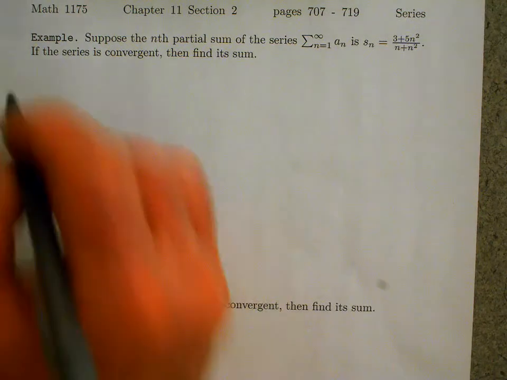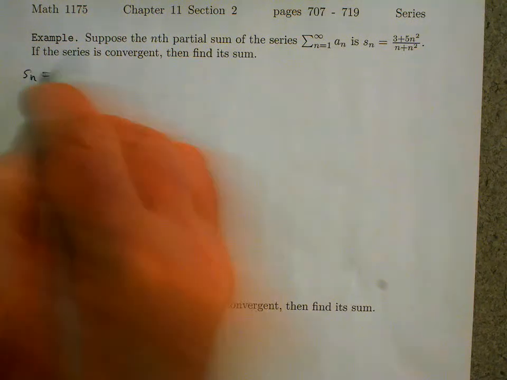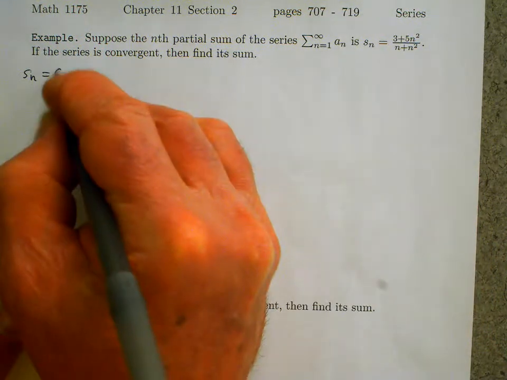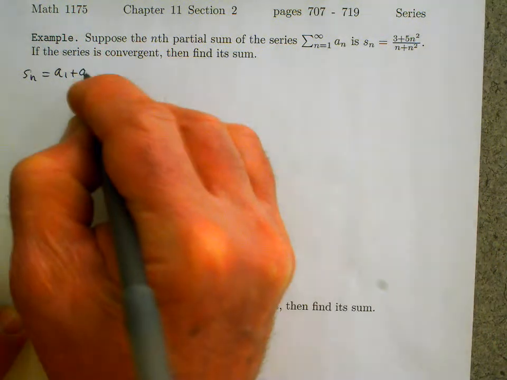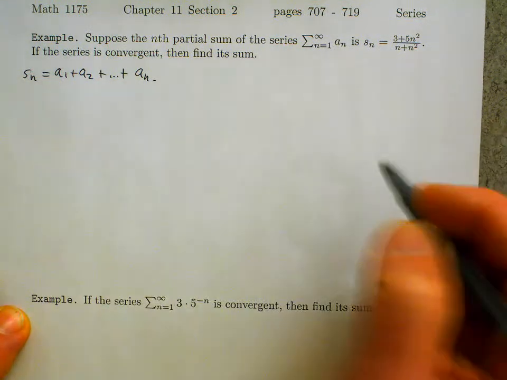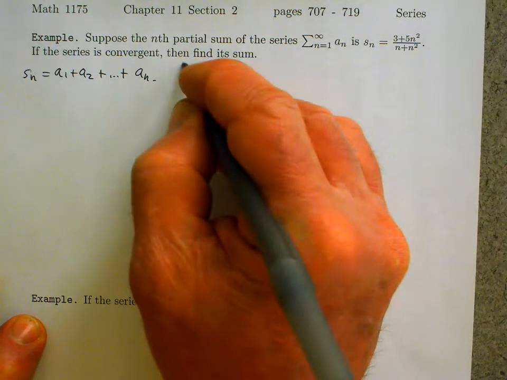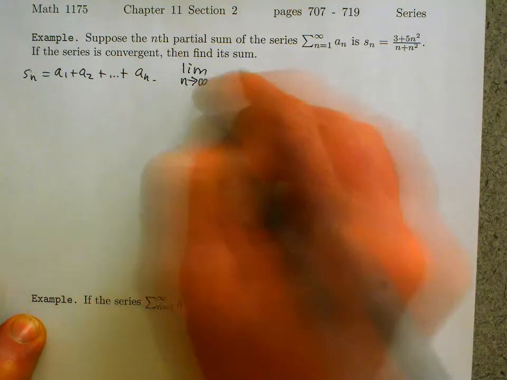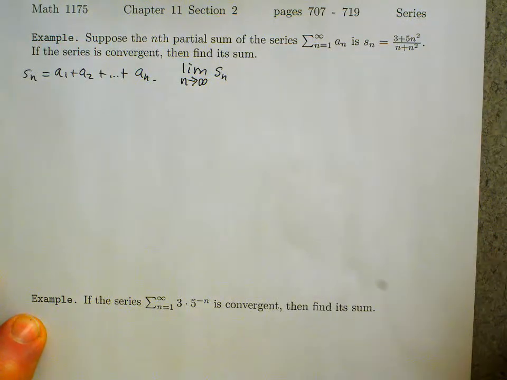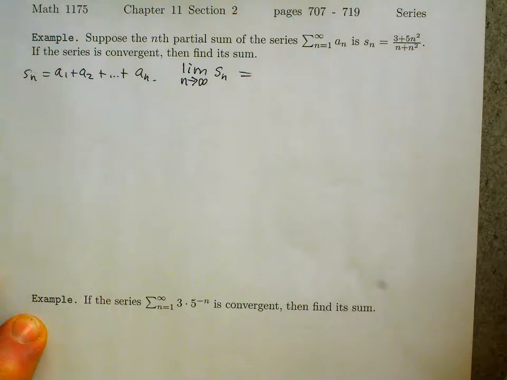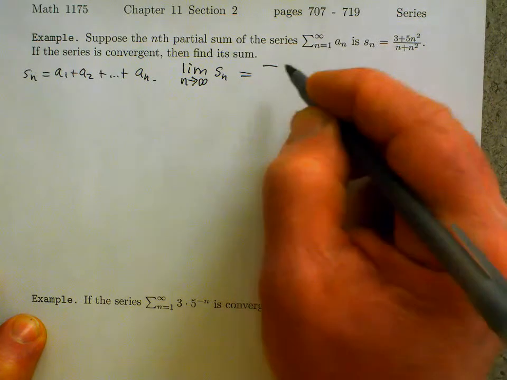Remember what S sub n is in general. It's the sum of the first n terms of the series. And the limit of the partial sums, S sub n, as n approaches infinity, is equal to the series.